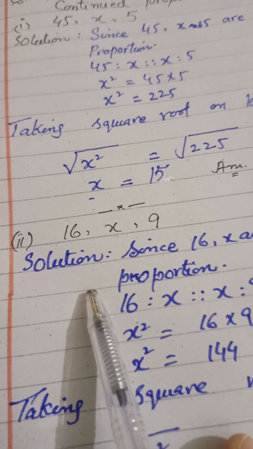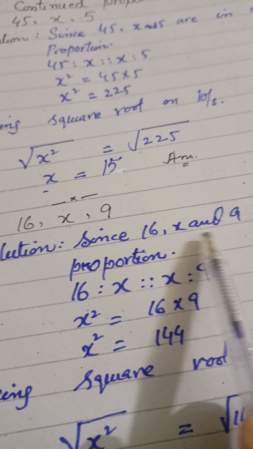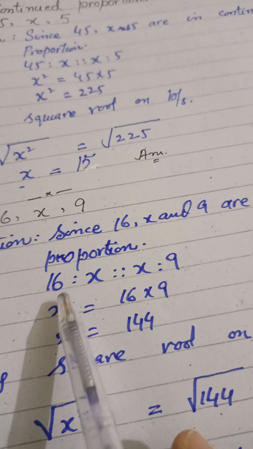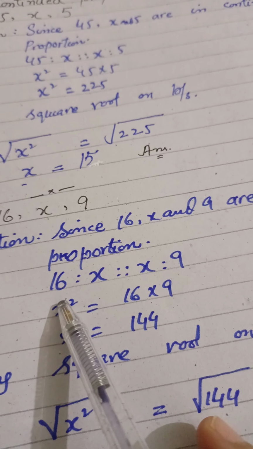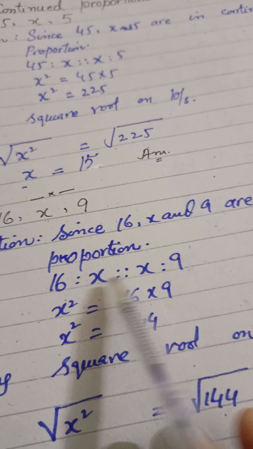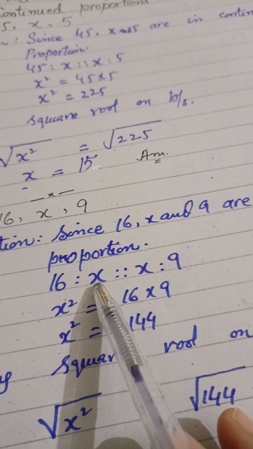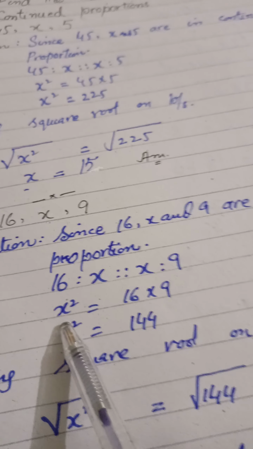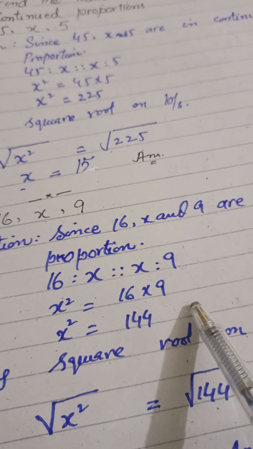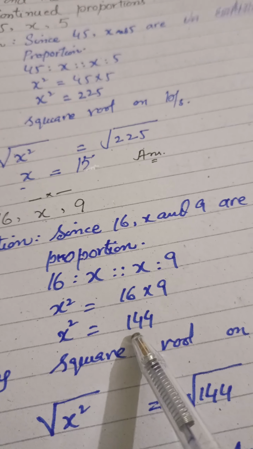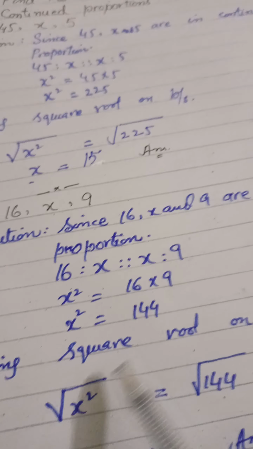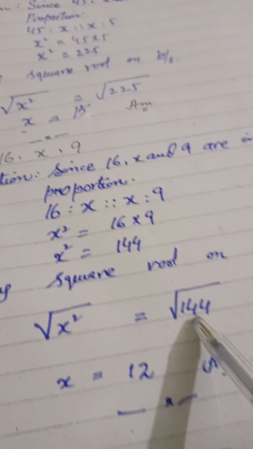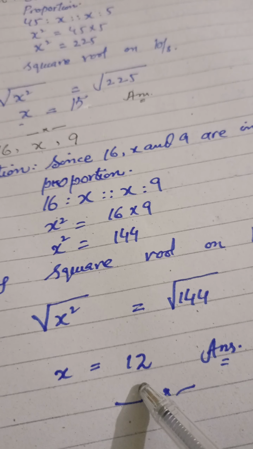Since 16, x and 9 are in continued proportion, you write x two times, 16 ratio x and x ratio 9. X into x, x square, 16 multiplied by 9 equals 144, taking the square root, cancel the squares, the square root of 144 is 12. This is the answer of x.